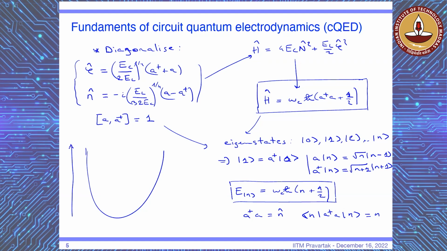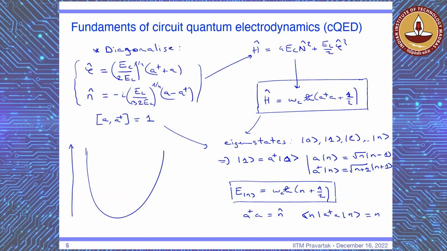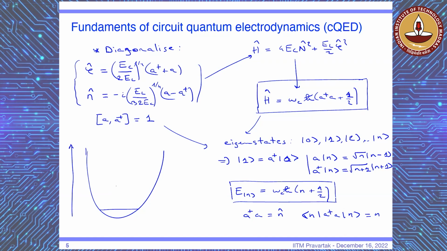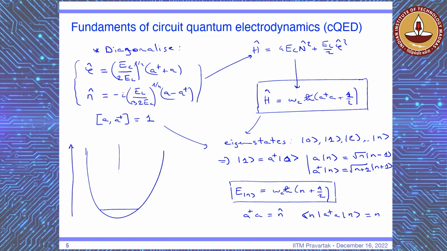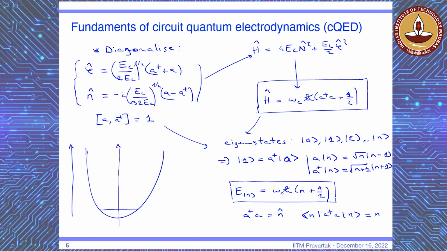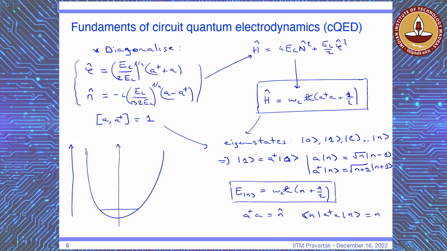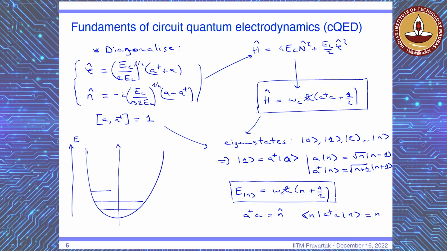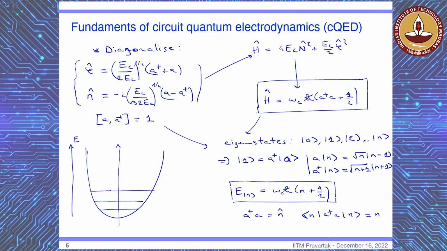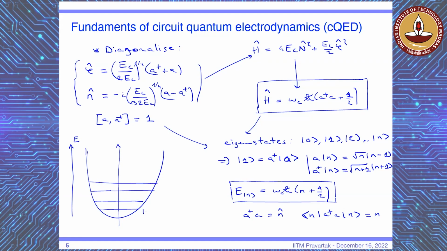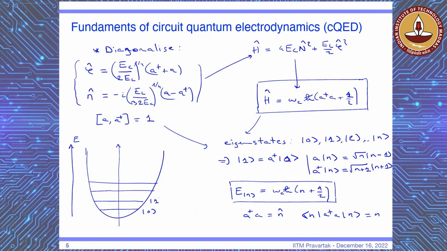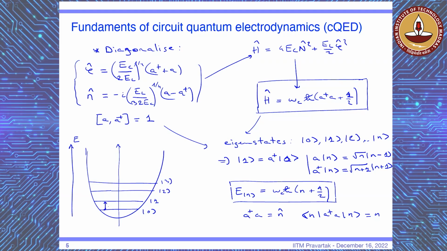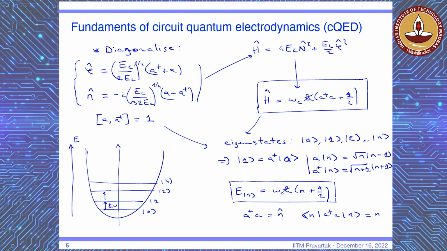They're not exactly photons, we'll see that a bit later. So these states in the harmonic oscillator, this is the potential of your harmonic oscillator. And this is the energy. You will see that you have equally spaced energy levels, 0, 1, 2, 3, and they're all separated by the same energy h bar omega.